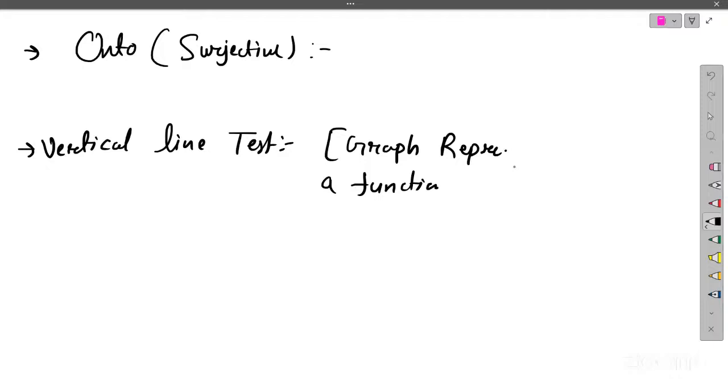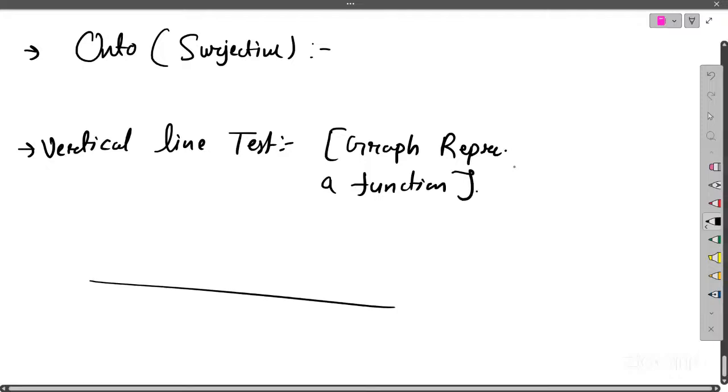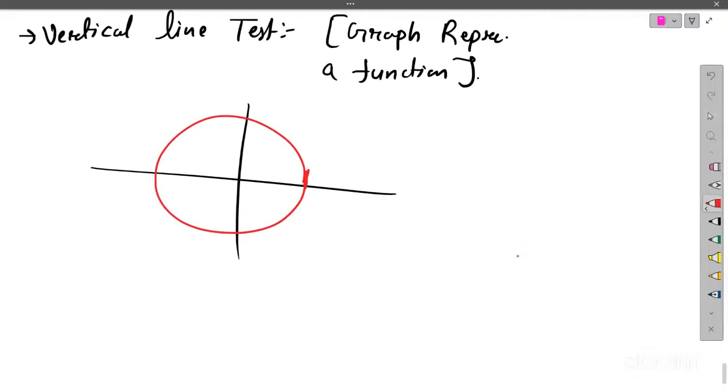For example, if you consider the graph of a circle, and someone asks whether this particular curve represents a function or not, here you can use the vertical line test. It is similar to the horizontal line test.